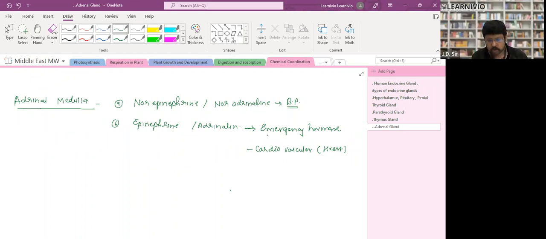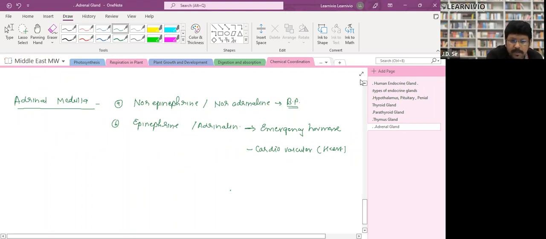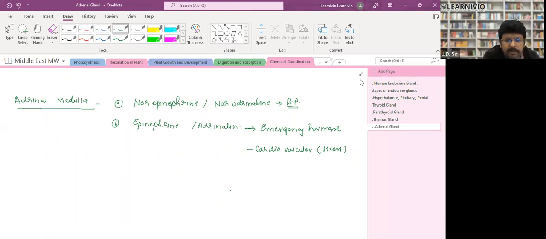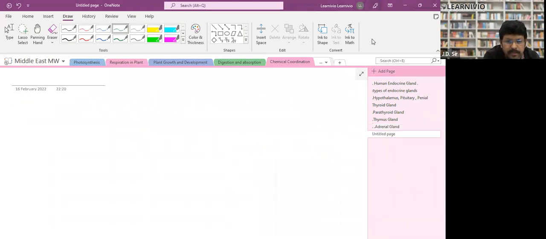Right. So the next gland is pancreas. We have studied the function of pancreas in the digestive system, in the perspective of digestive juices. Here we are studying the function of pancreas for the endocrine system.